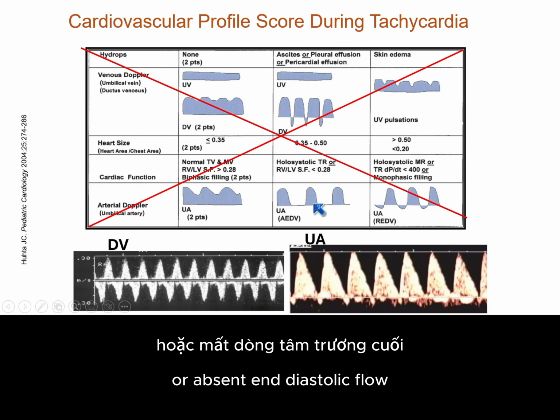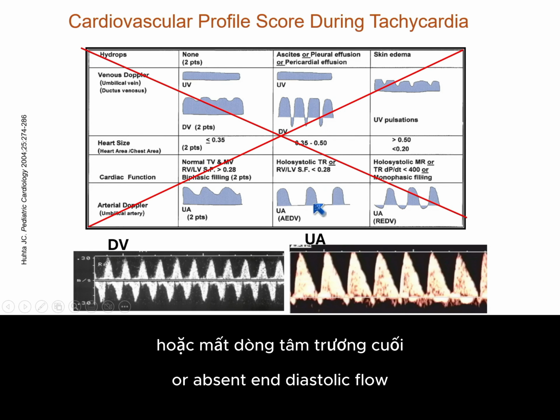Interestingly, if you have a heart rate over 190 beats per minute, you will always have retrograde flow in the ductus, and you can have absent end diastolic flow as you see here. It is a consequence of the rate, not a consequence of any problem with the fetus. If you have a fetus who is going in and out of tachycardia, then you can assess these hemodynamic parameters when the fetus is in sinus rhythm, and if all is good, it should normalize during those beats when the fetus is in normal rhythm.